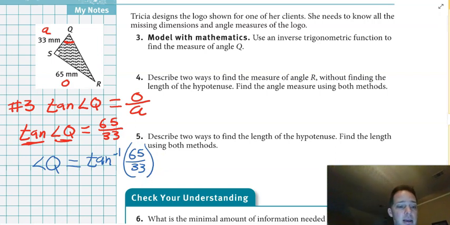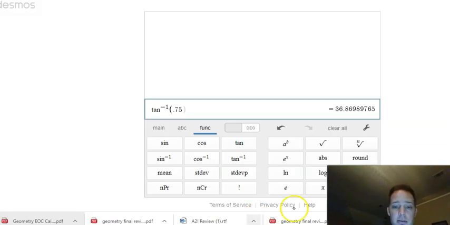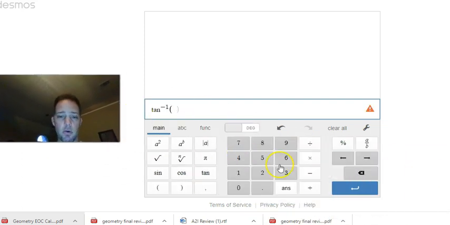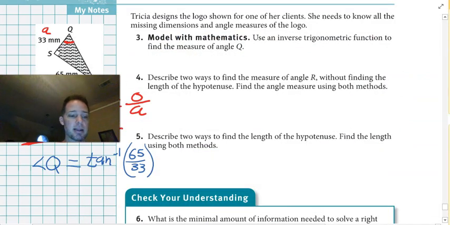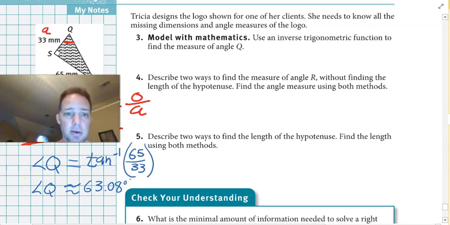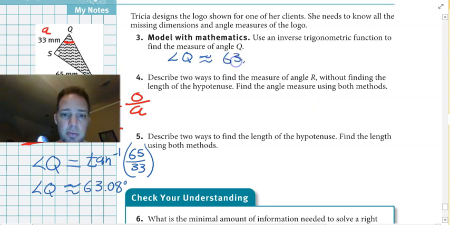So let's do that. Tan inverse of 65 over 33. All right, and it tells us the angle measure is 63.08 degrees. So I get angle Q equals, rounded, 63.08 degrees.